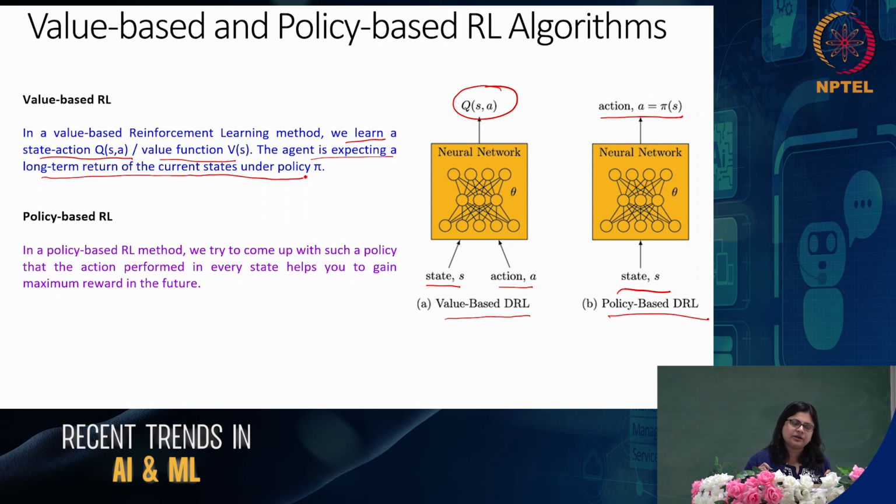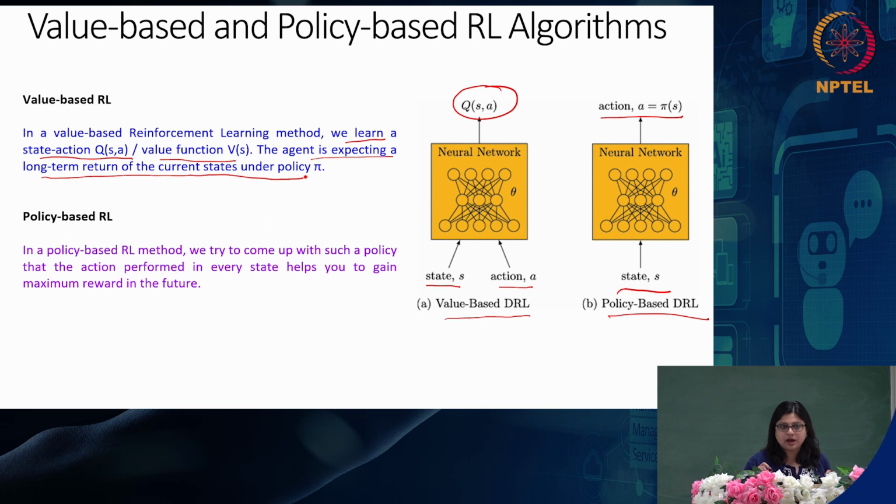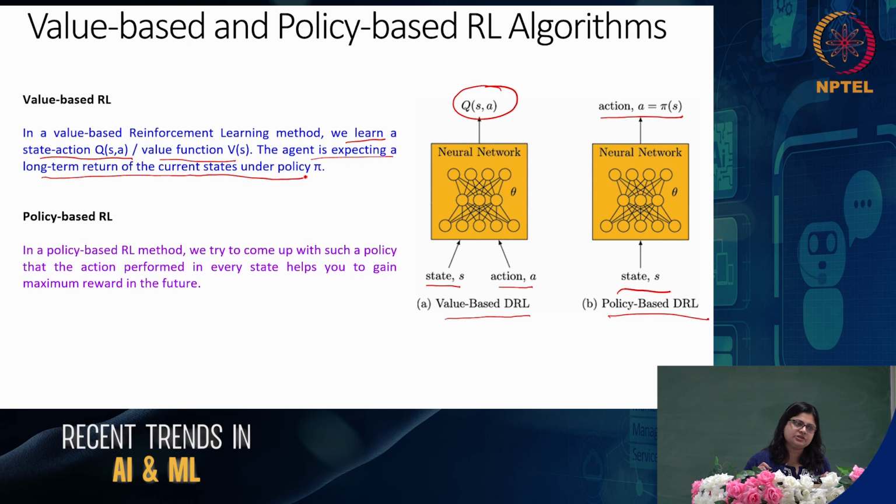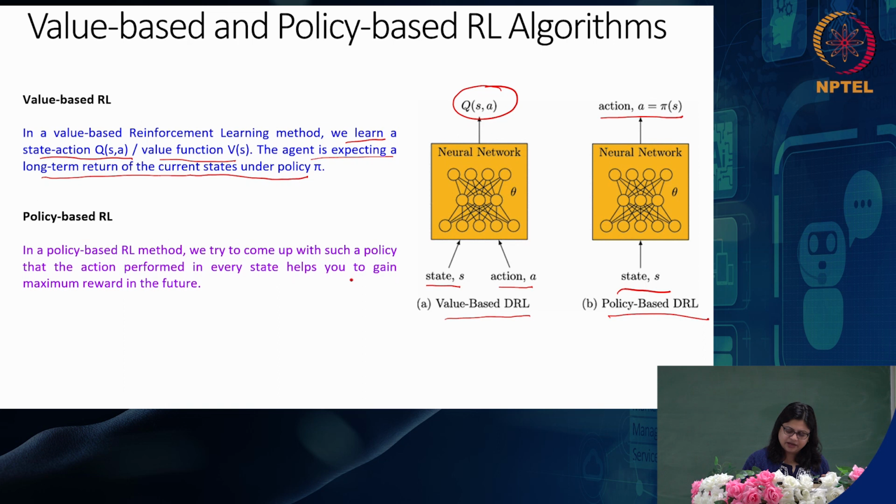It is the expected cumulative reward, and you have to consider all the future rewards also, not only the immediate reward. In a policy-based RL method, we try to come up with such a policy that the action performed in every state helps you to gain maximum reward in the future.